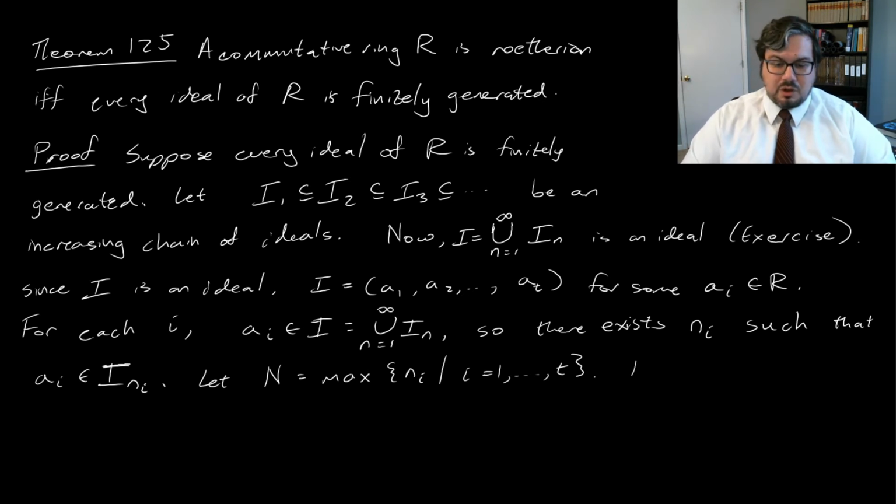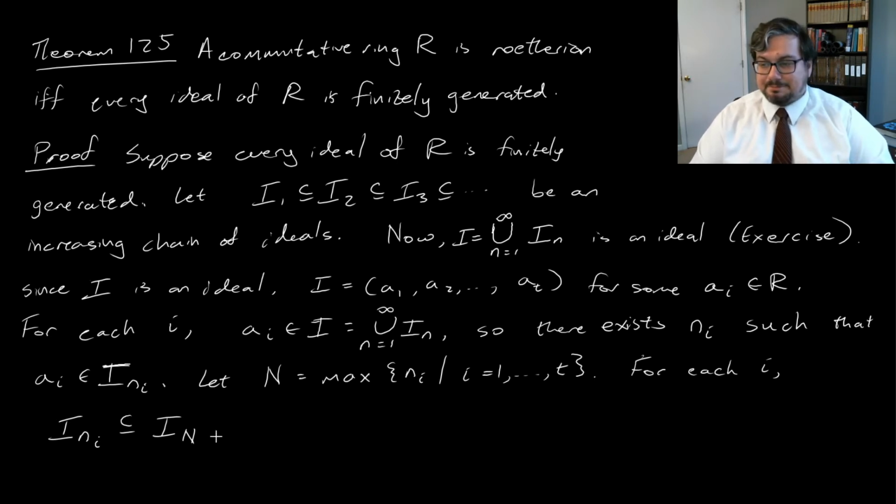All right, so for each little i, we have that I subscript Ni is contained in I subscript capital N, since the little Ni's are less than or equal to the capital N, and we have an increasing chain of ideals.